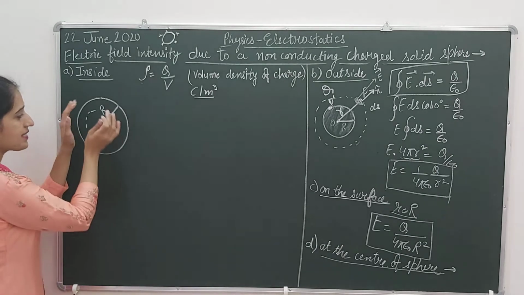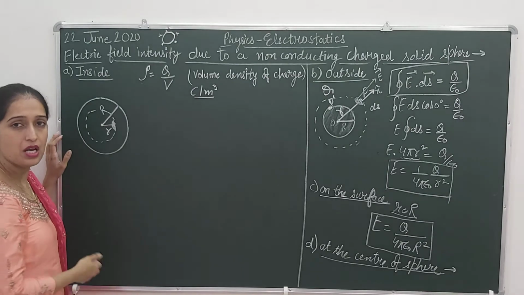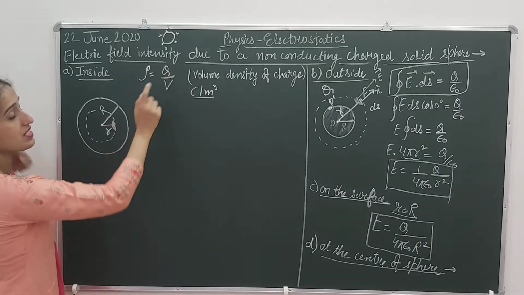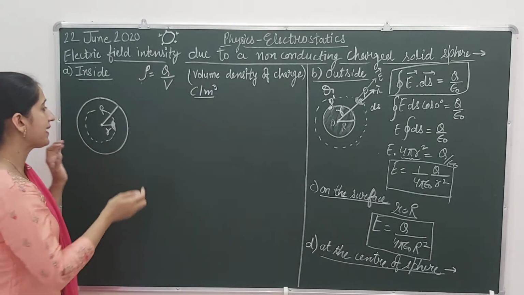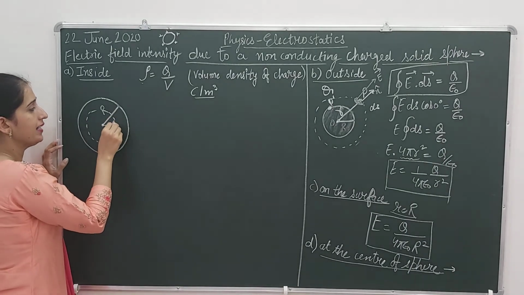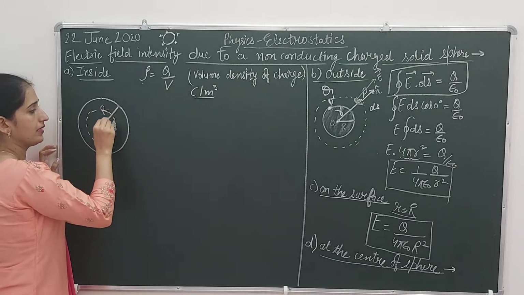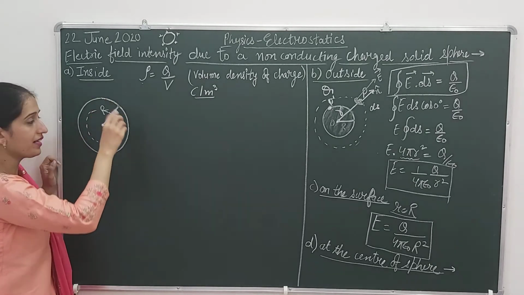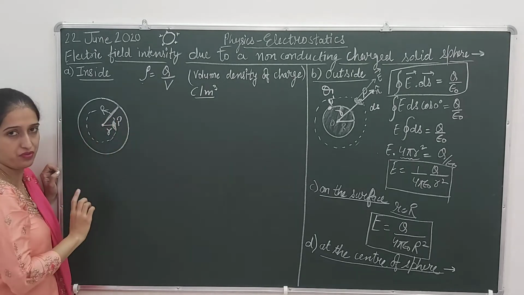Now inside the sphere, of course, this charge is going to change, because capital Q is the charge for the whole sphere. This is R, the radius of the sphere, and now we are taking our observation point P inside the sphere.